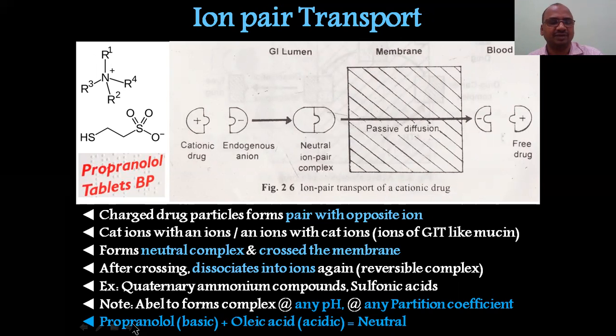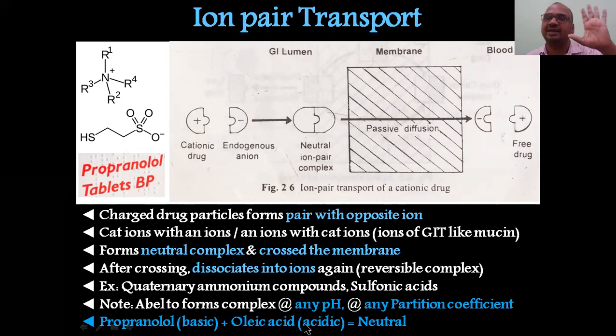One more example, see here. I have mentioned quaternary ammonium compounds and sulfonic acid. This is also one more example. Propranolol is also an example. Remember, propranolol is a base. It mainly forms a complex with oleic acid.